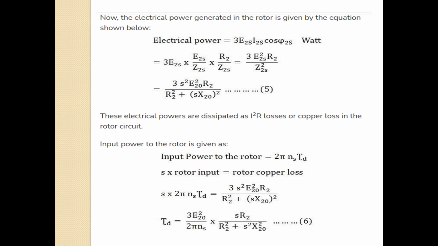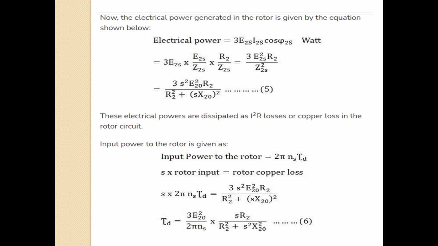Now the electrical power generated in the rotor is given by the equation shown below. The electrical power is equal to 3 E2S I2S cos phi 2S watts. So 3 E2S into E2S divided by Z2S, which gives 3 E2S square divided by Z2S, and Z2S square is R2 square plus S X2 naught square.